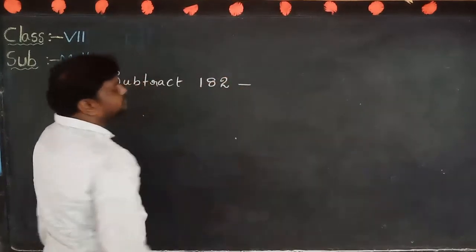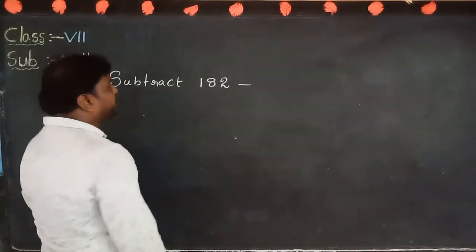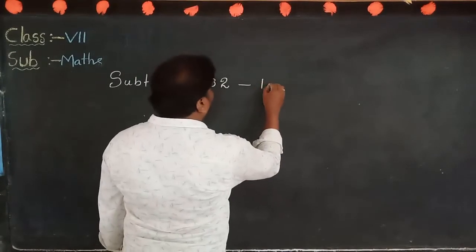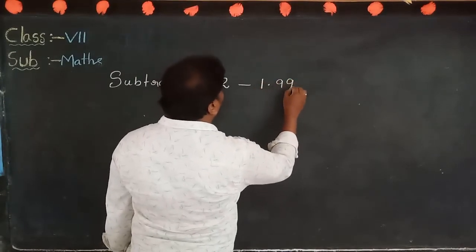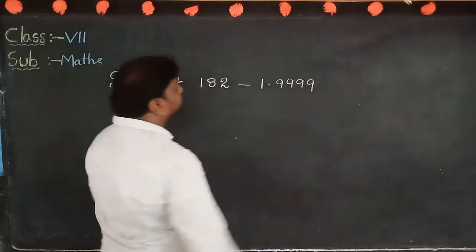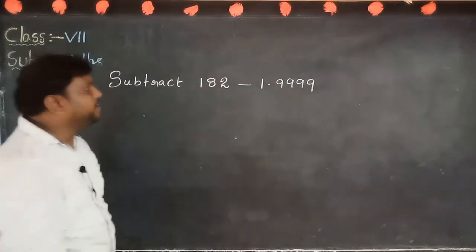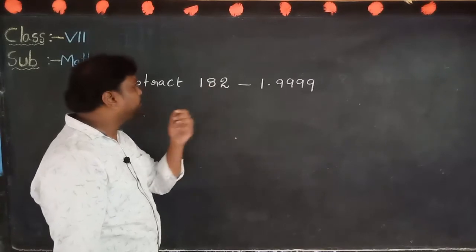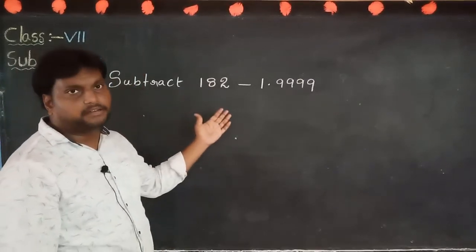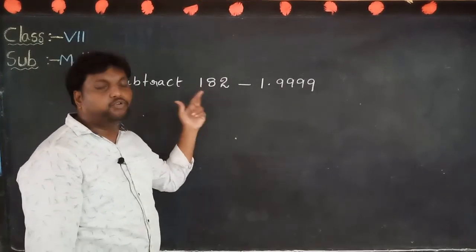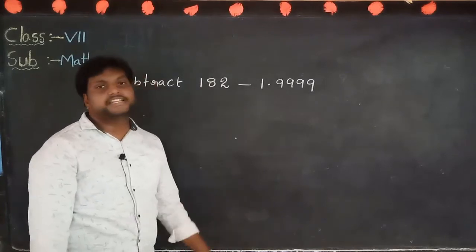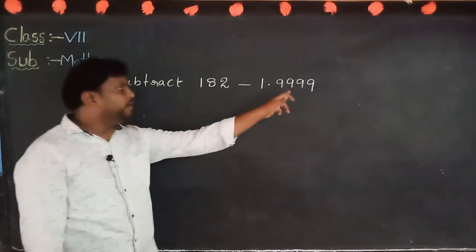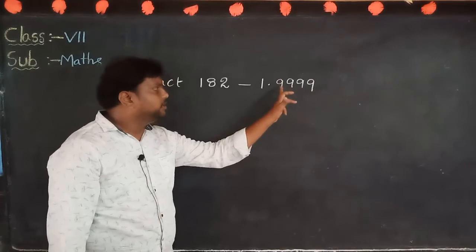182 minus 1.9999. These two also. For example, in the first one there is no decimal part, there is only the whole part. In the second one there is a decimal part, with 4 digits.